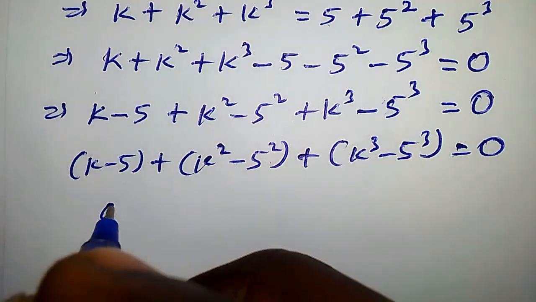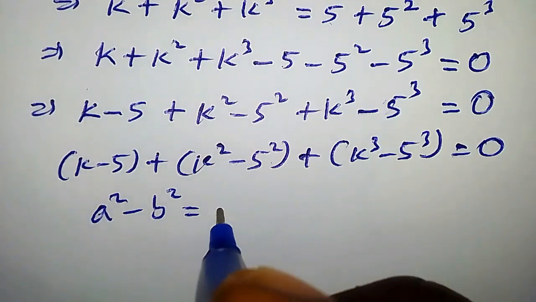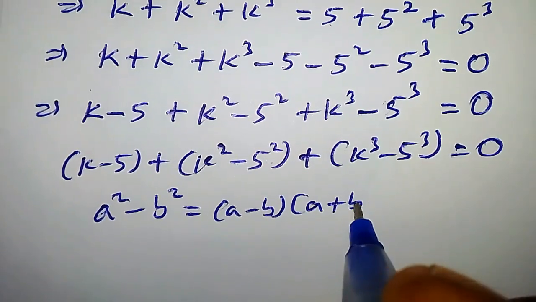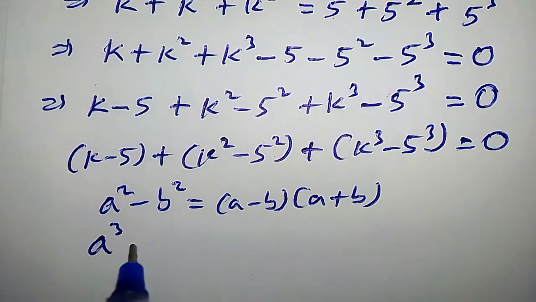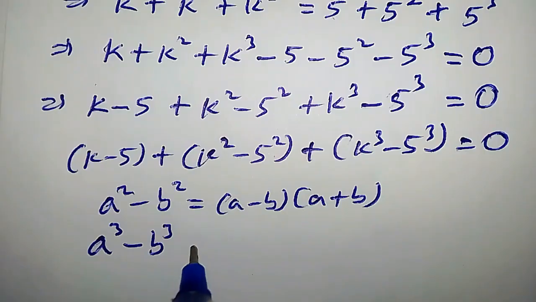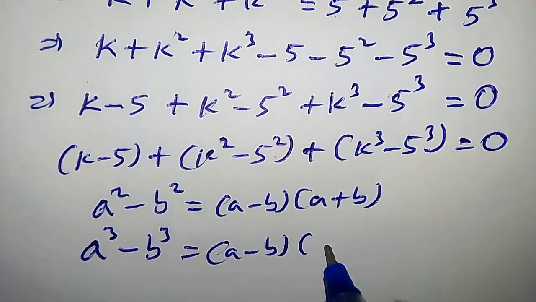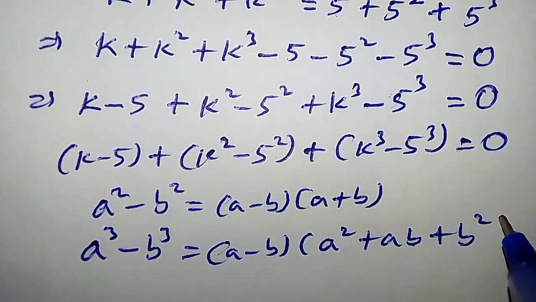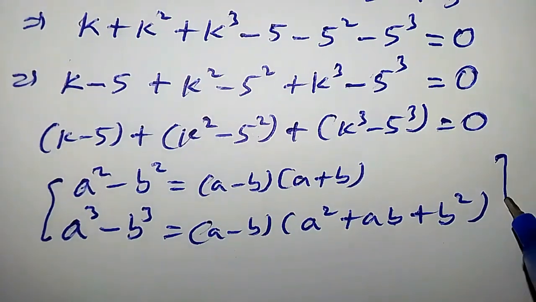Recall that a square minus b square is equal to a minus b times a plus b. Also recall that a to the power of 3 minus b to the power of 3 is equal to a minus b times a square plus ab plus b square. Take note of these two properties, very important.